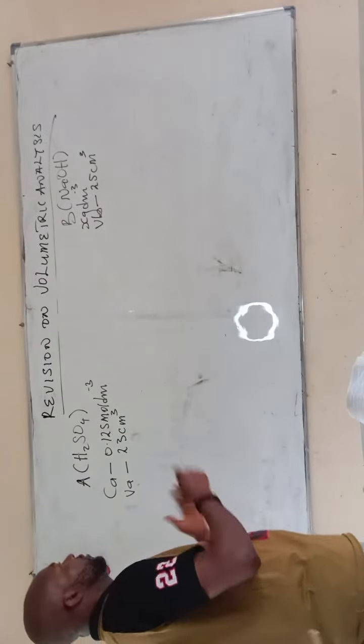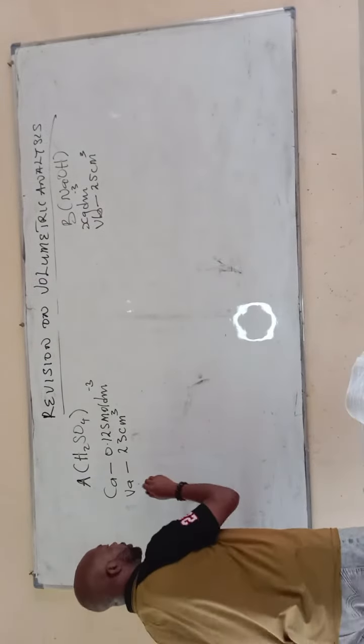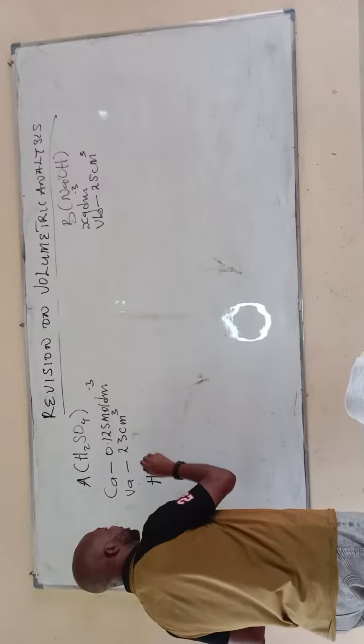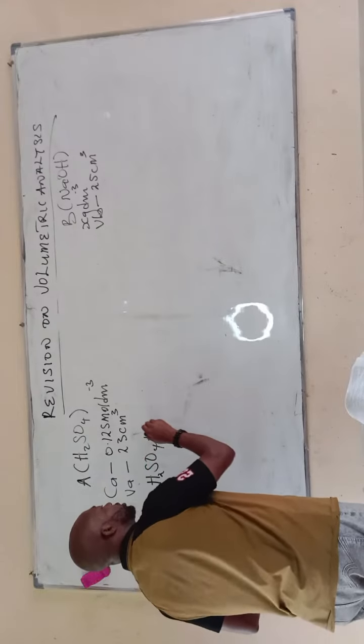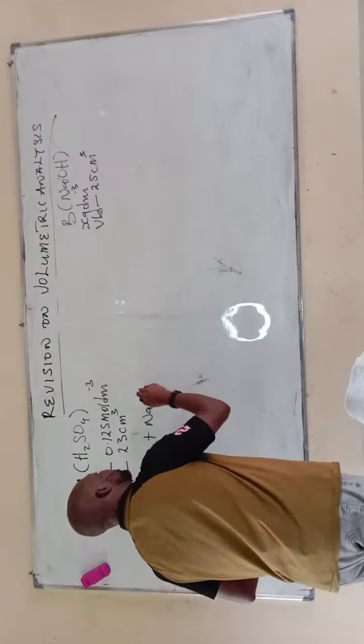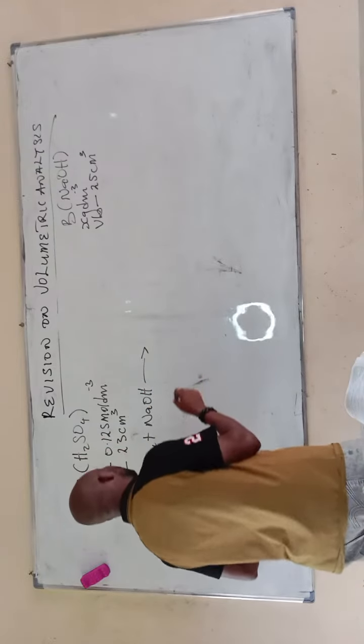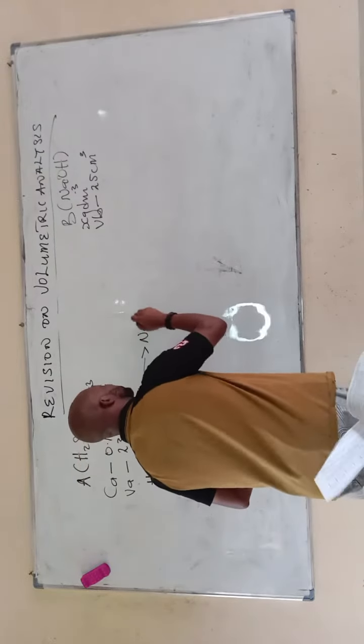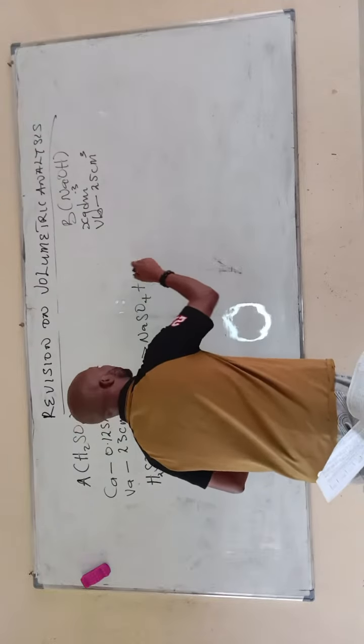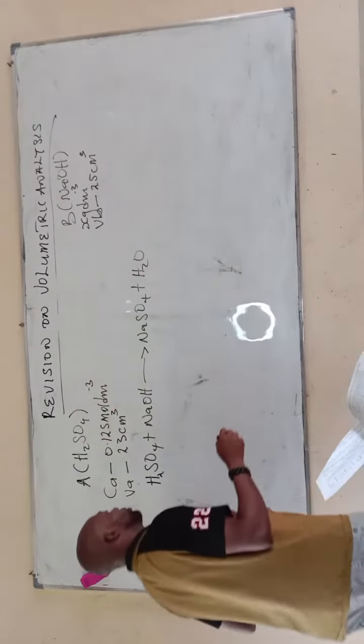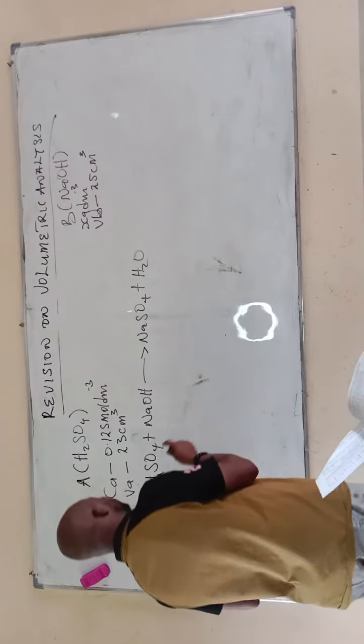Okay, we have to balance the equation, then we proceed further. So, if this is what we have, let's see our equation. H2SO4 plus sodium hydroxide gives us sodium sulfate plus water. So we're going to check it out.